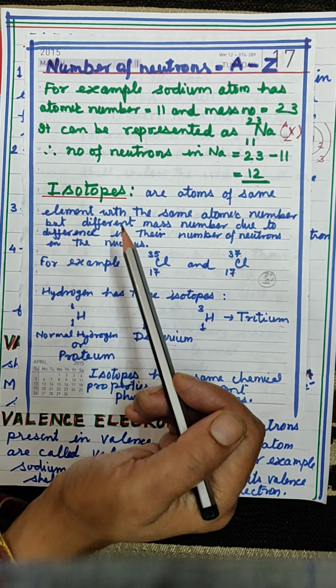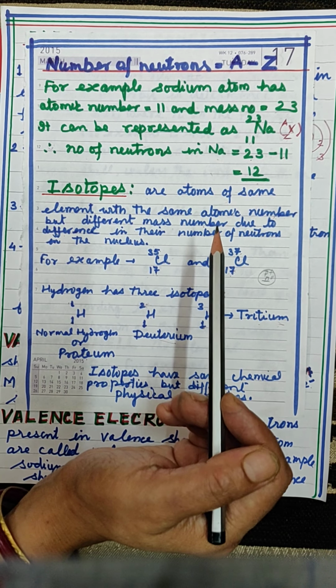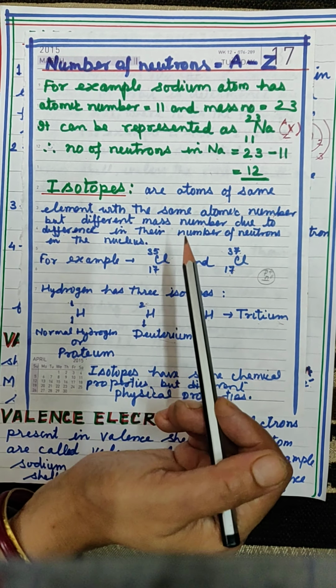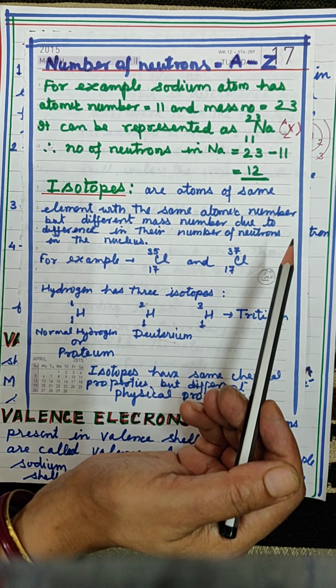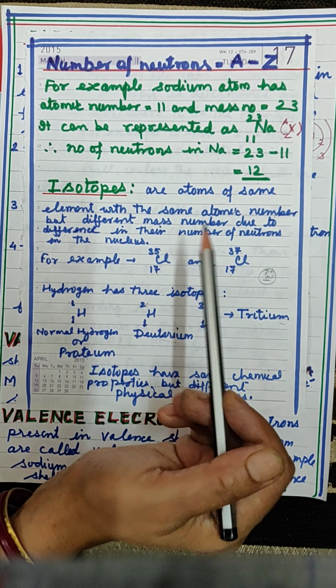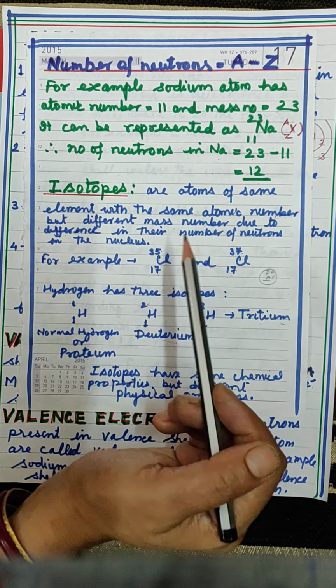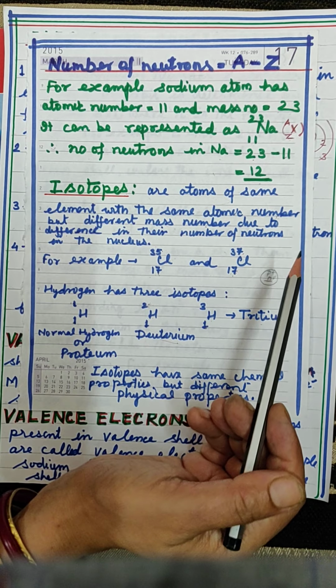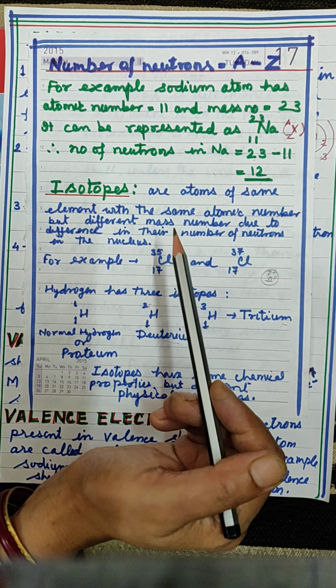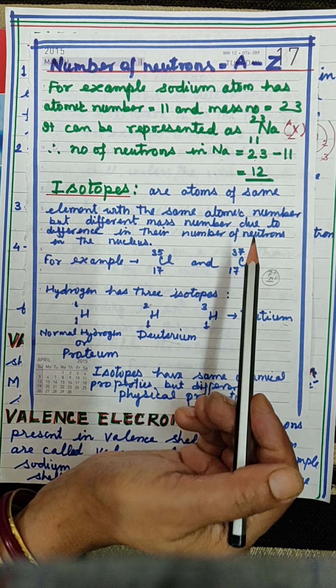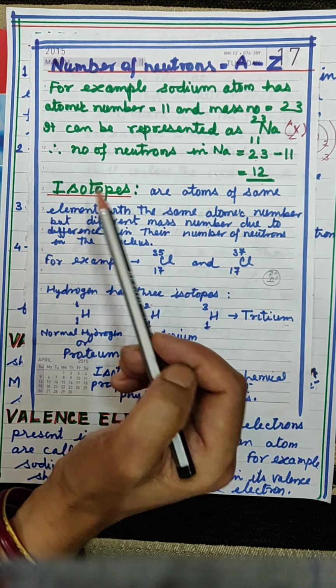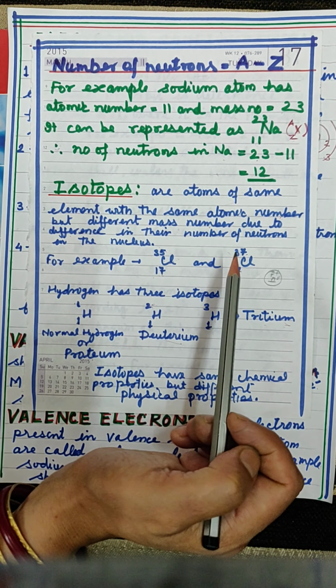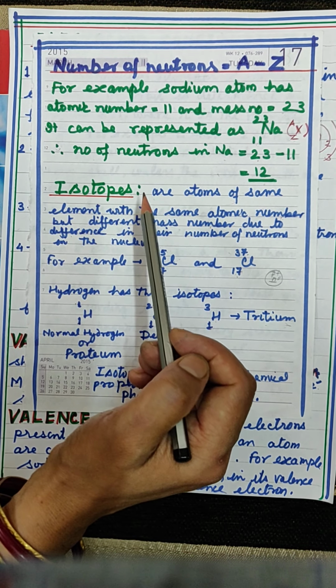Children, sometimes atoms of certain elements can have a different number of neutrons, yet they are said to be atoms of the same element because of having the same number of protons, because atomic number is the most significant property of atoms of an element. Such atoms with different mass numbers are said to be isotopes.